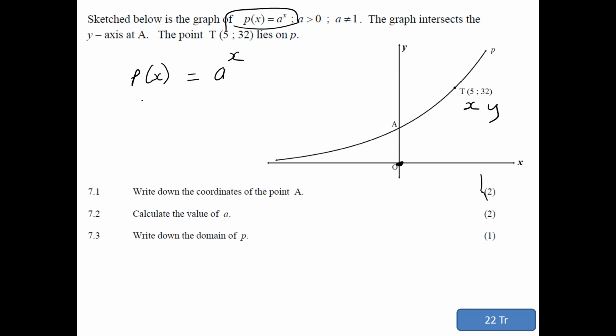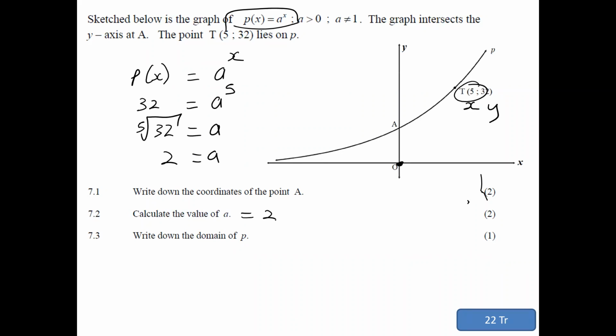So we're going to replace p of x, which represents y, with 32, which is equal to a, we don't know, but we know that the value of x is 5. And then we basically find a to the power 5, so we're going to find the 5th root of 32. And if you find the 5th root of 32, you should be getting 2. So there, that's how we get our a to be 2.